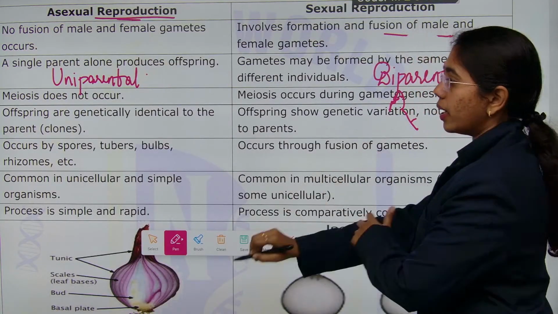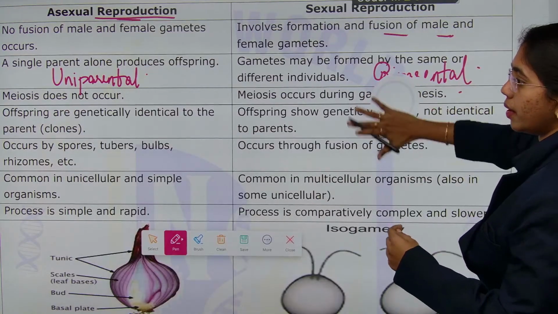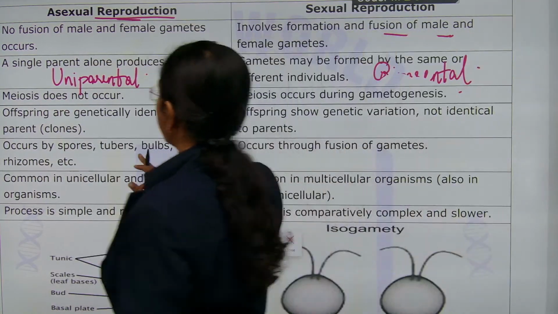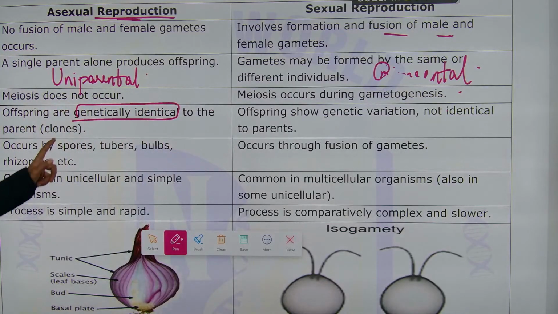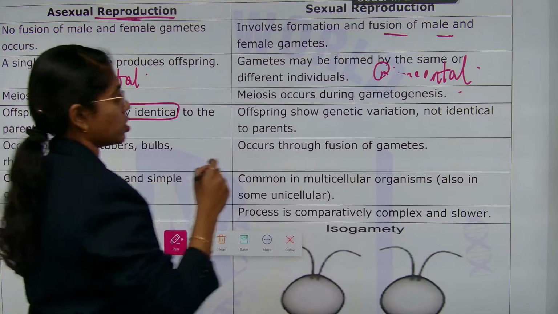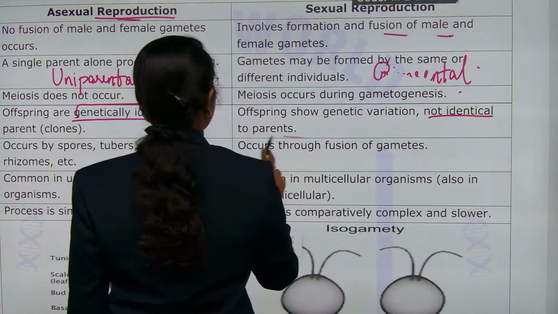For asexual reproduction, offsprings are genetically identical, which are known as clones. In sexual reproduction, offsprings show genetic variation and are not identical to the parents.